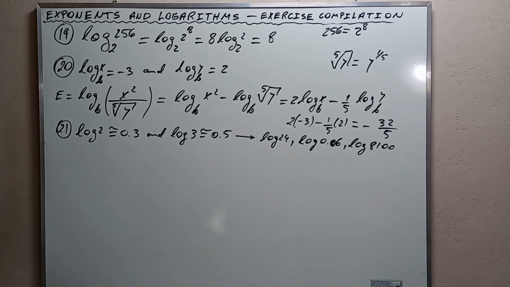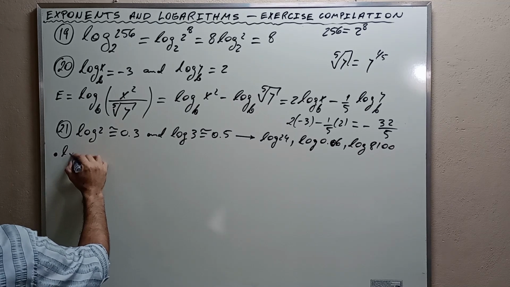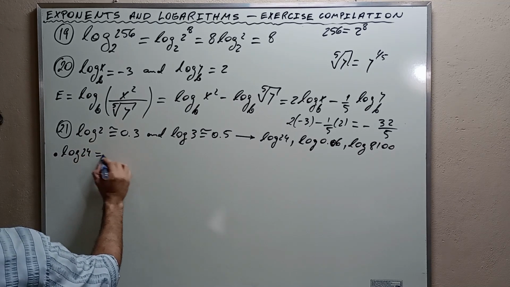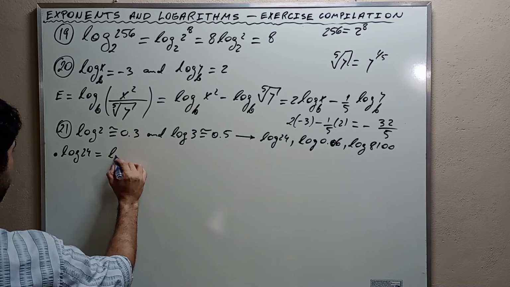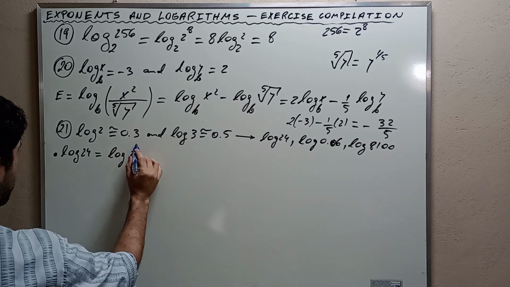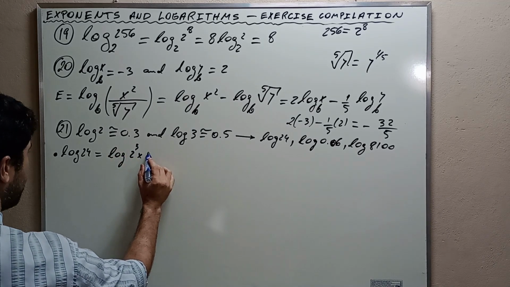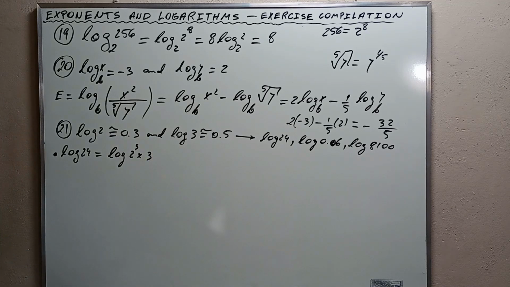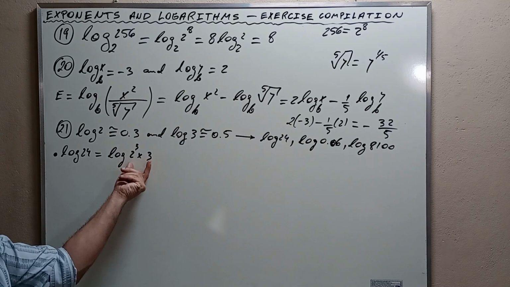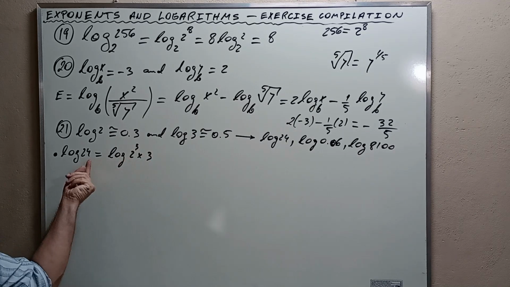Observe that 24 is 8 times 3. Okay? 24 is 8 times 3, but 8 is 2 cubed. Then the logarithm of 24 is equal to the logarithm of 2 cubed times 3. Okay? This number here is equal to 24.